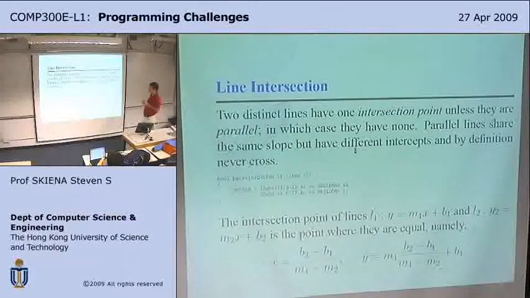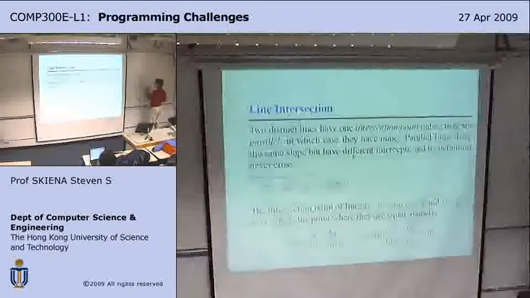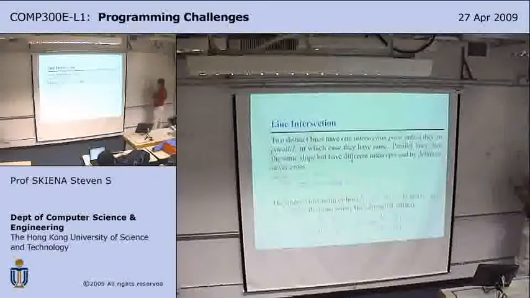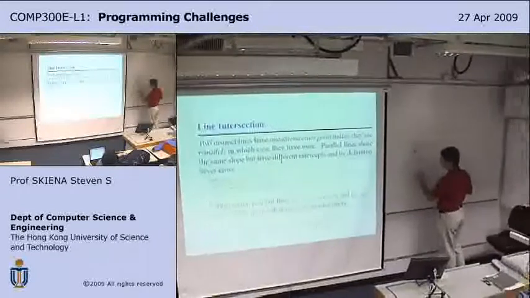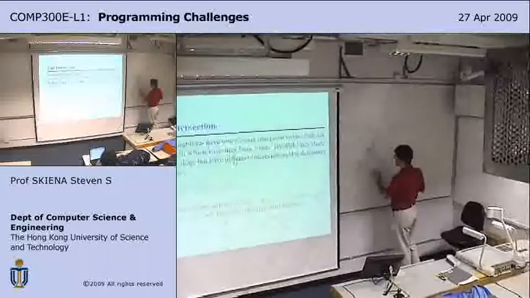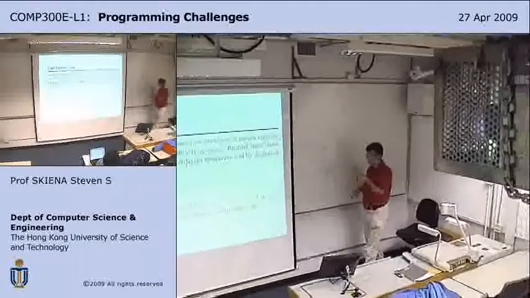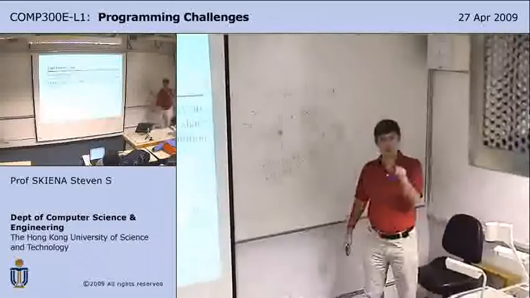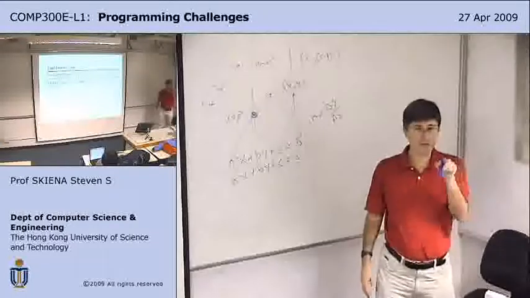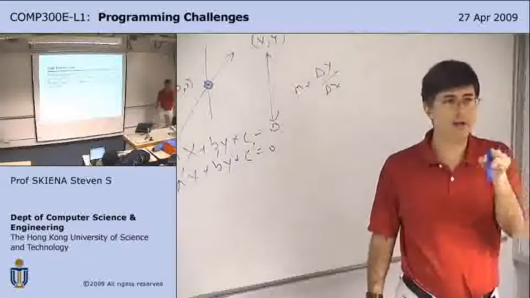In my representation, where you've got lines in the form ax plus by plus c equals 0, how do you tell if two lines in this format are parallel or not?